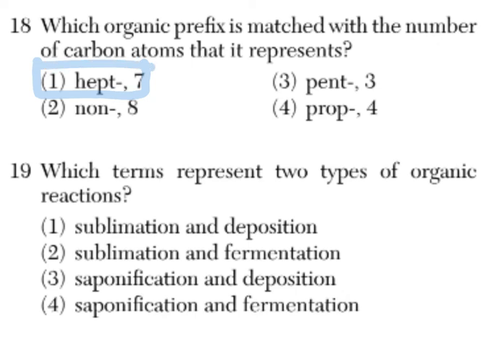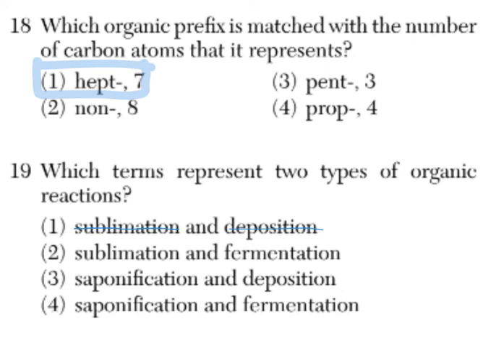Okay, which terms represent two types of organic reactions? Well, let's eliminate the ones that are not organic reactions. Sublimation and deposition are not even chemical reactions. Not only not organic, but not chemical reactions. It's a change of physical state.